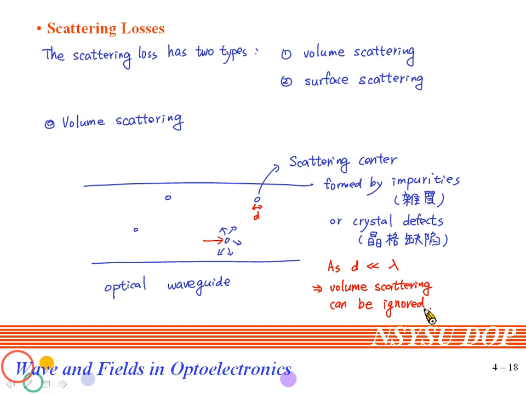On the contrary, if the size of the scattering center is almost the same as the wavelength, then the volume scattering will be very serious. You have to take it into account.